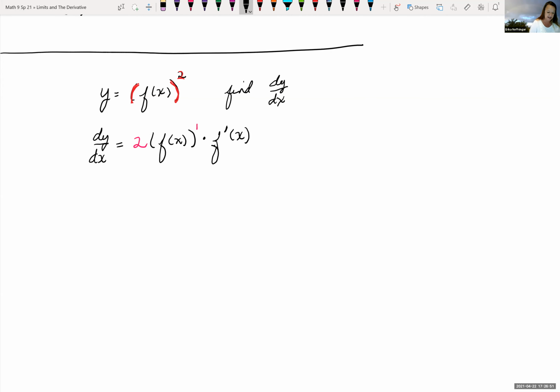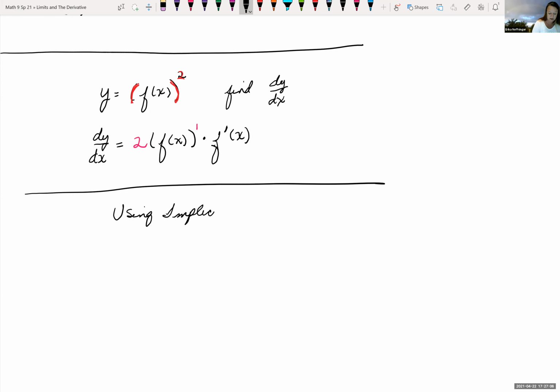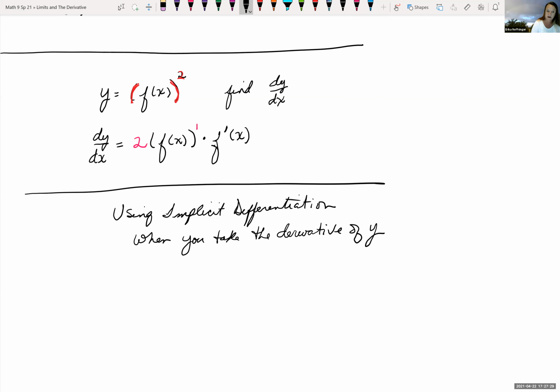And so whenever we take the derivative using implicit differentiation, when you take the derivative of y, we're always going to tack on dy dx.